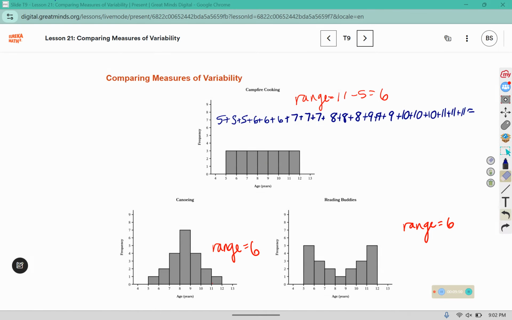That has a sum of 168. And there are 3, 6, 9, 12, 15, 18, 21 data values because each of them has 3. When we divide, we get a mean of 8.